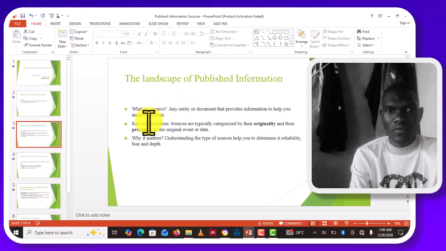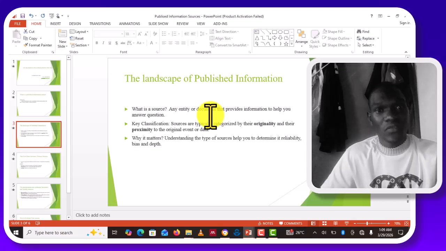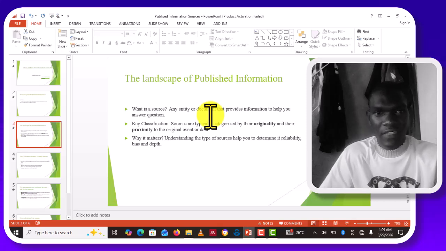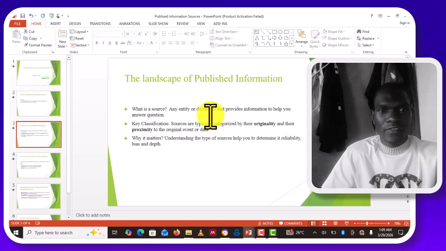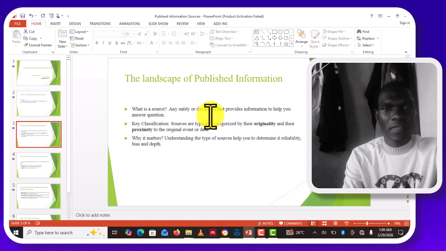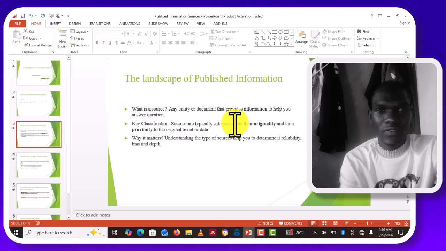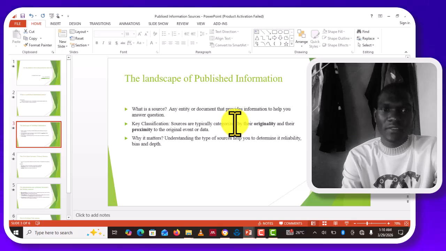So here, what is a source? A source is any entity or document that provides information to help you answer questions, if at all there are many. Here are the key classifications, or the types of information sources. They are typically categorized by their originality and their proximity to the original event or data.